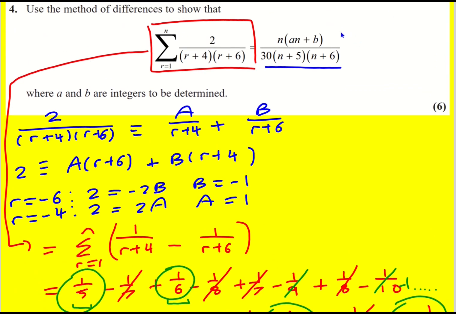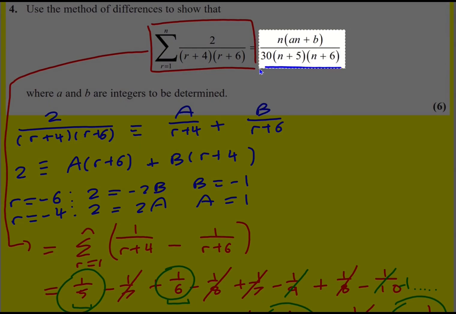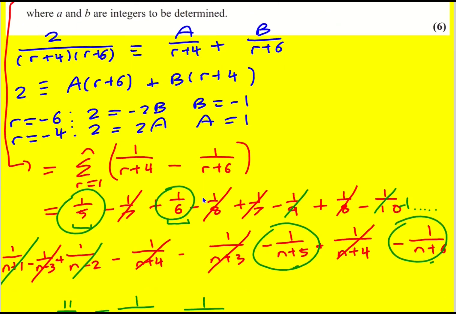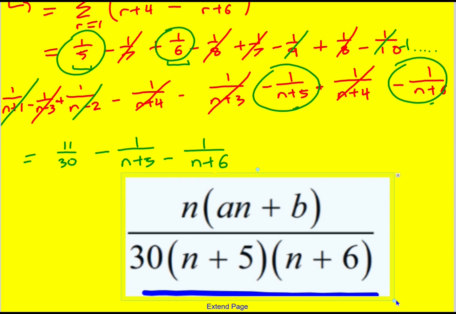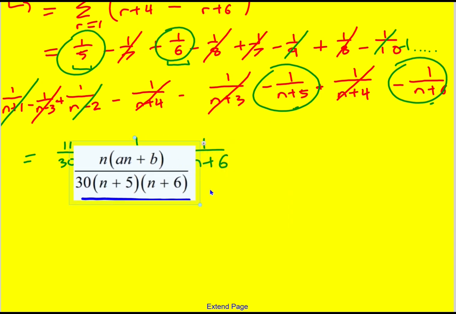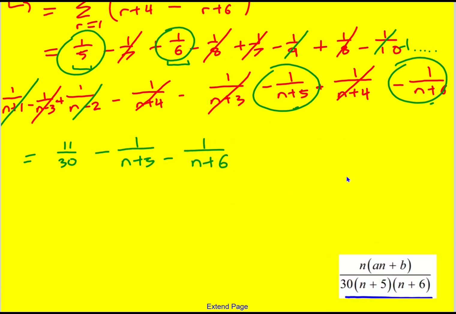We've just got to now rewrite it as this. You can see the 30s in there. So this is all looking great because we're going to be putting over a common denominator, and you can see we've got the correct common denominator. Let me multiply the first one, top and bottom, by (n plus 5)(n plus 6).